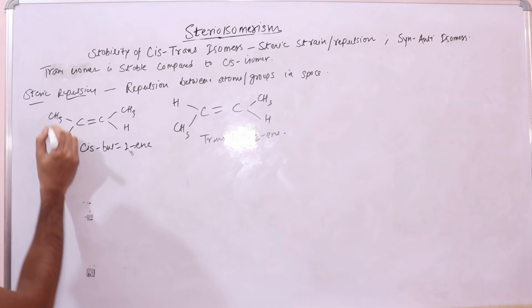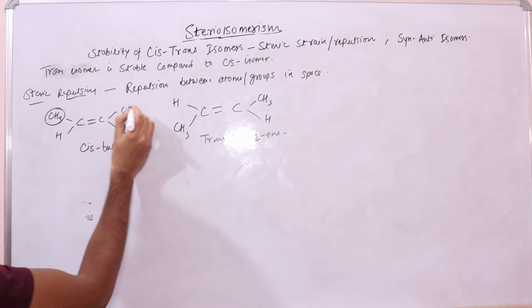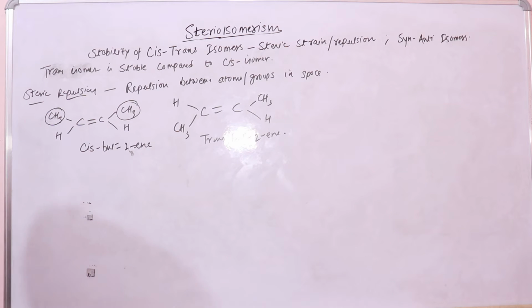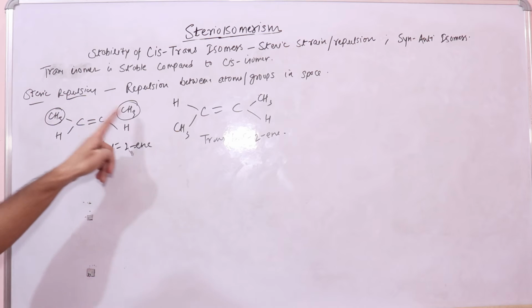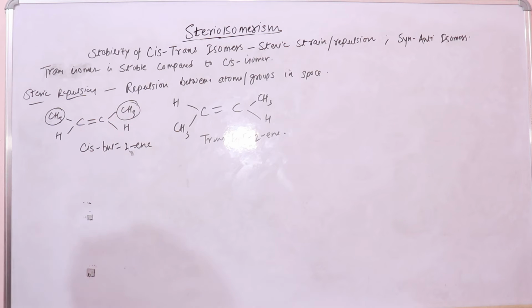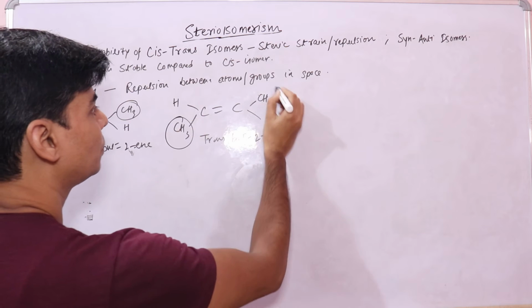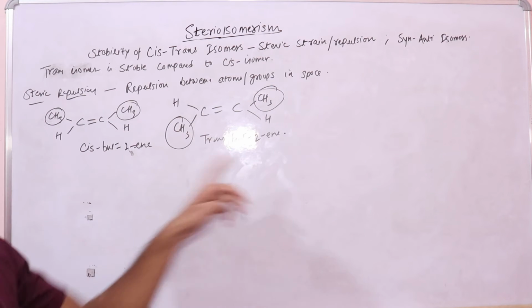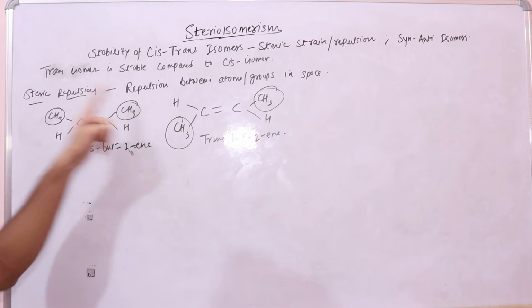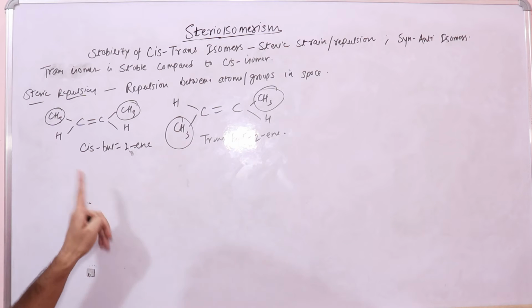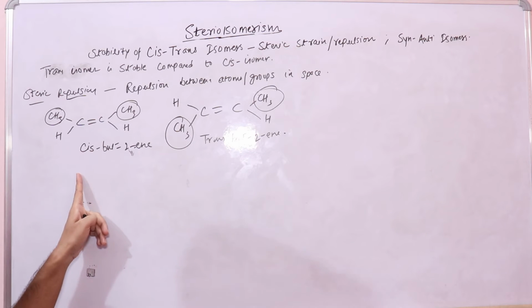This is cis because we have similar groups, the methyl groups, on the same side of the carbon-carbon double bond. Here the similar groups are on the opposite side, so this is trans. And the trans form is stable as compared to the cis form.